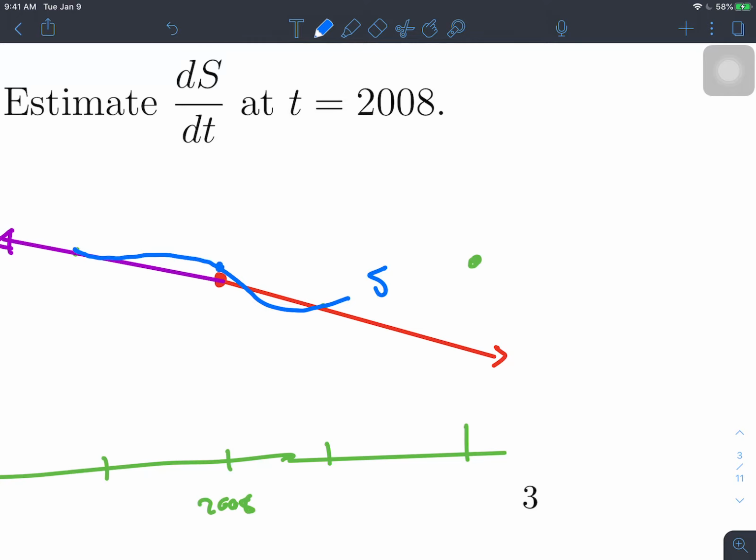Then the slope of the tangent line to S at this point is going to be similar to the slope of these two purple and red lines.